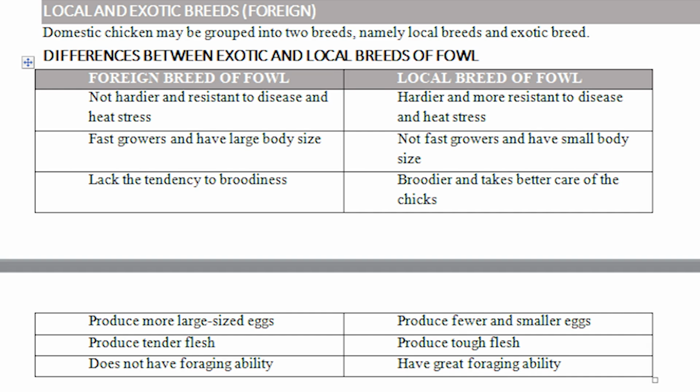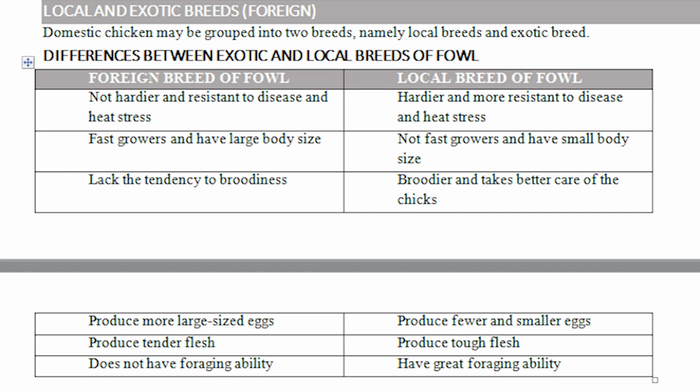Let us look at it. Foreign breeds of fowl, not hardy and resistant to disease and heat stress. The local, hardier and more resistant to disease and heat stress. Fast growers and have large body size; local, not fast growers and have small body size.